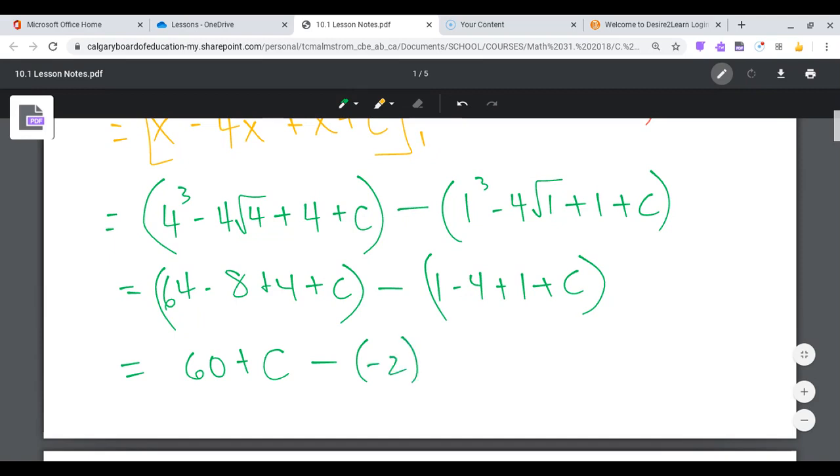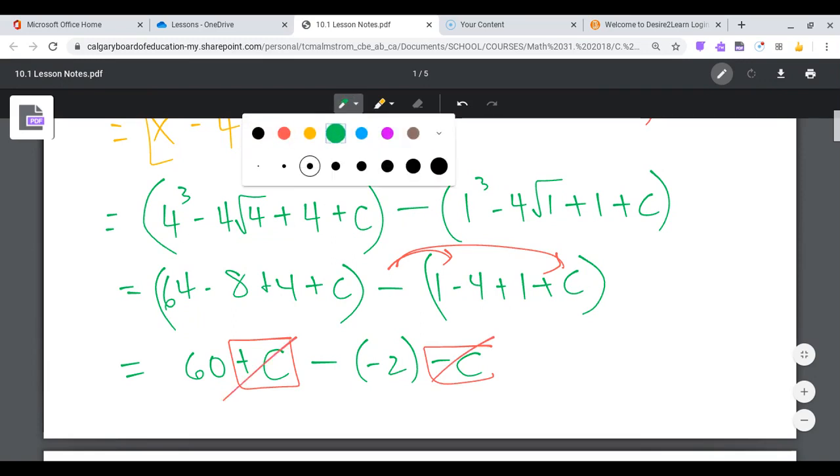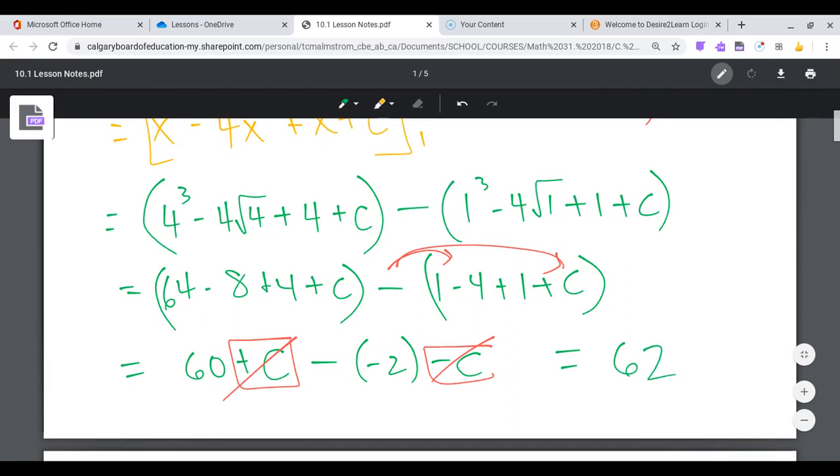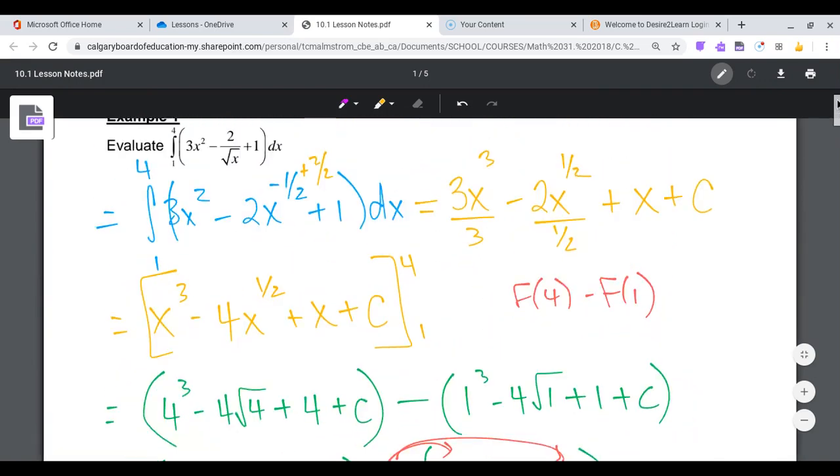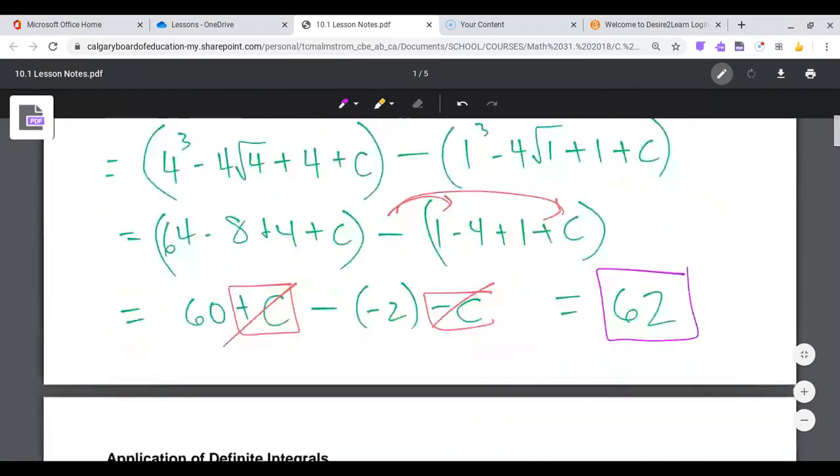Yes. And then be careful, there's a subtract c there. Watch the subtract, right? So it's all the way through. And what should happen is that those c's should cancel out, and the answer to the question is equal to 62. So the definite integral of this function on the boundaries from 1 to 4 came out to be 62.